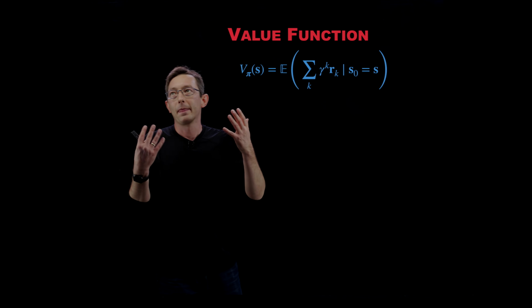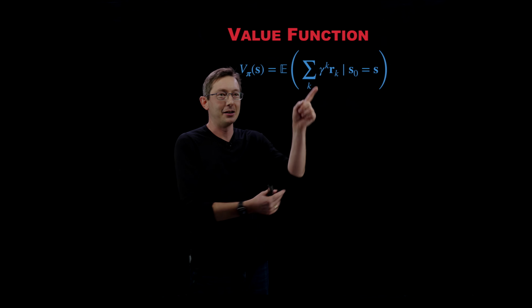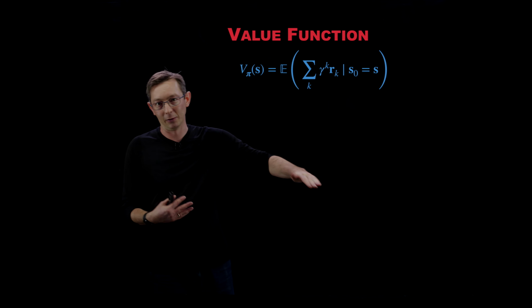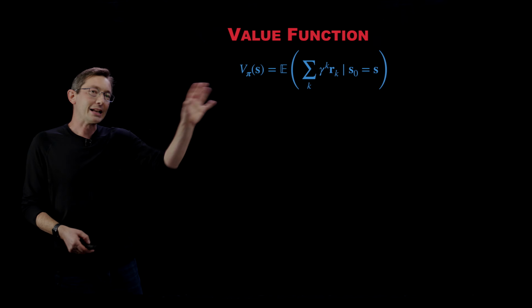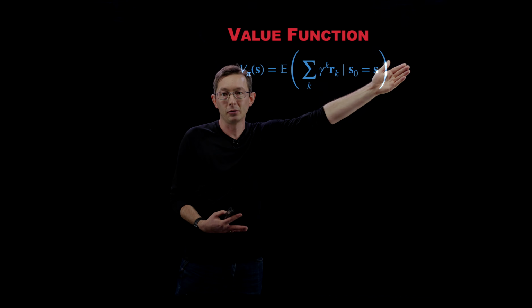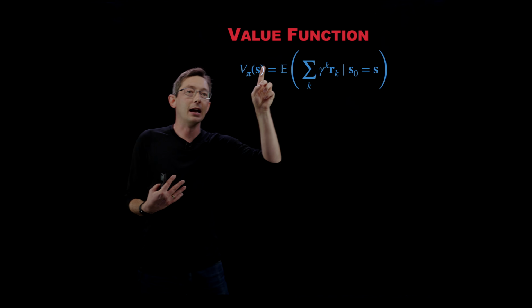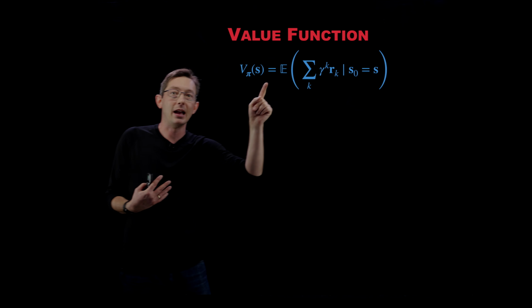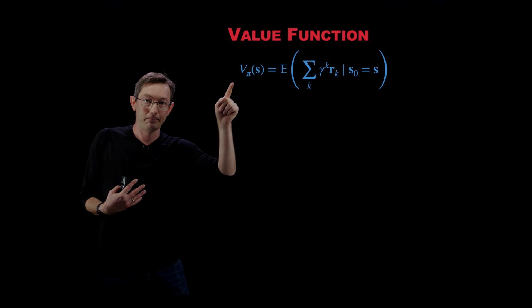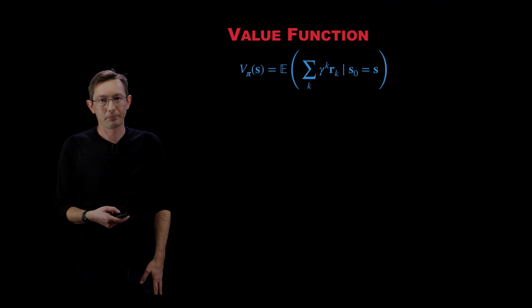There are results that show certain optimality and convergence criteria for this kind of exponentially decaying reward function. But that's what the value function does, it basically adds up your expected future reward, given that you're in a state S now, and your first state is S, and you enact a policy pi. So it's kind of an implicit function of pi.